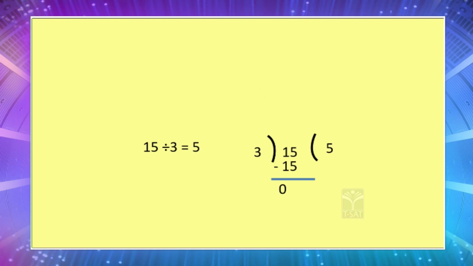What are they actually? 15, the number which is divided, is called the dividend, and 3, the number which divides, is the divisor. 3 divides 15. The number that divides the dividend is the divisor. And here the 5 is the result, that is the quotient.